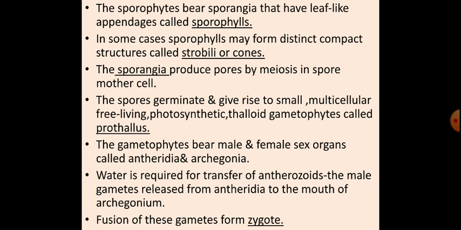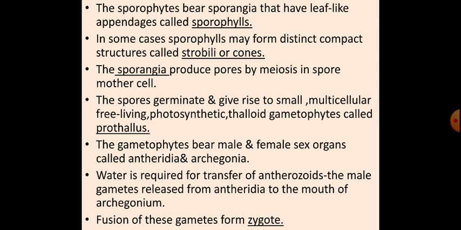They look like leaf-like structures called sporophylls. What are sporophylls? Leaf-like appendages that are present in the sporangia of the sporophyte plant body. In some cases, these sporophylls may form one distinct compact structure called strobili, also called cones.